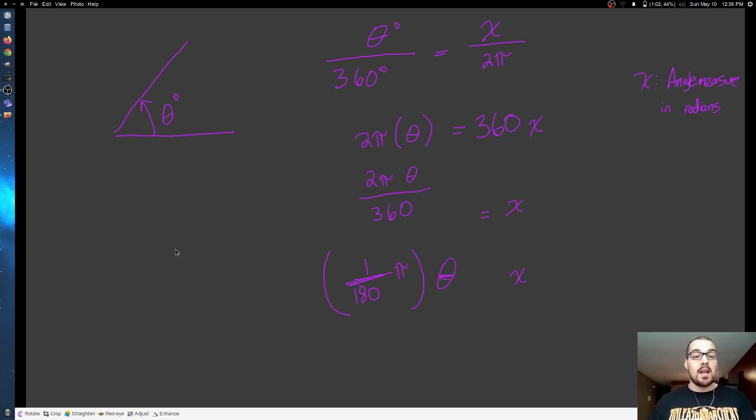So in other words, if you have some angle measured in degrees, if you just take that measure and multiply it by, I can even simplify that further, pi over 180, I would get 60 pi over 180, or as we had as my answer before, 1/3 pi.